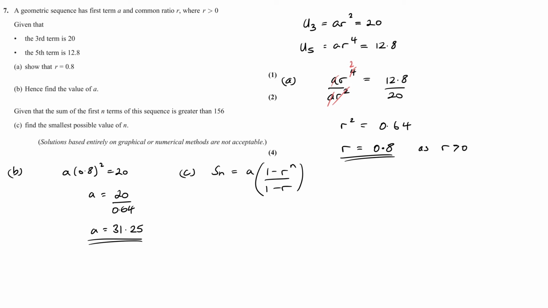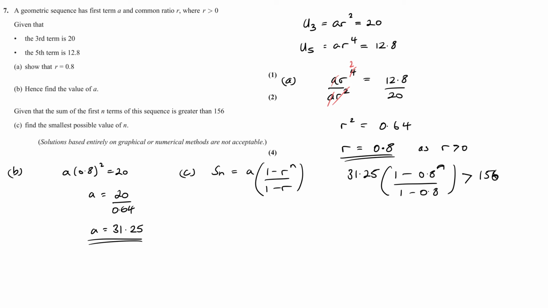So let's see, we want a is 31.25, 1 minus 0.8 to the power n over 1 minus 0.8, and that to be greater than 156. And obviously we've got to find n.